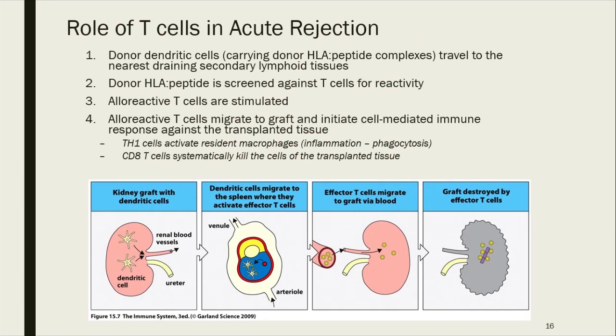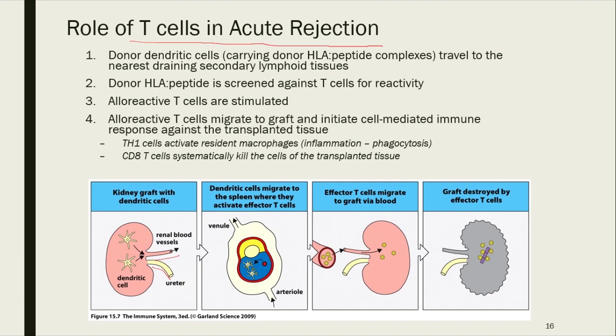Now, what is the exact role of T cells in acute rejection? We kind of touched upon it here. Let's look at this graph. We have a kidney being grafted, with dendritic cells residing in that kidney, a little bit of the blood vessels attached, and the ureter attached to the donor organ.